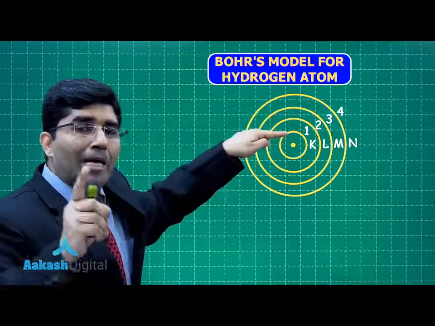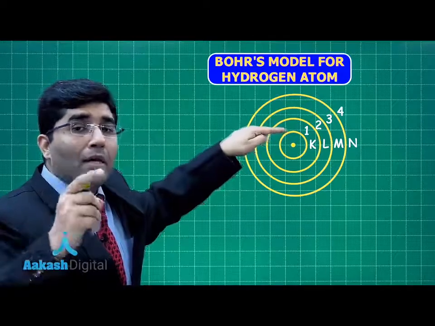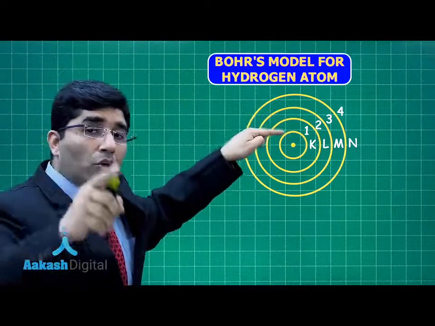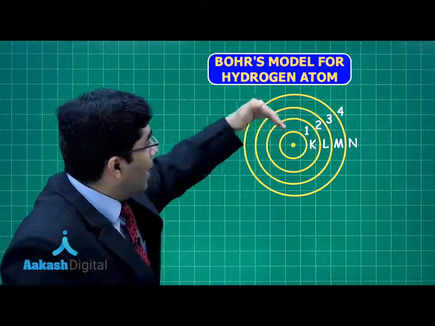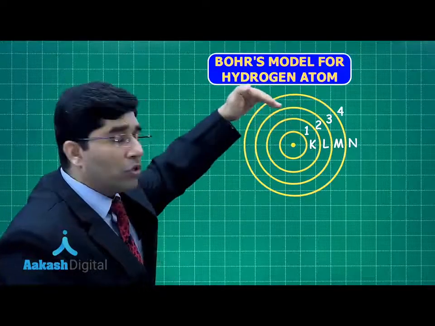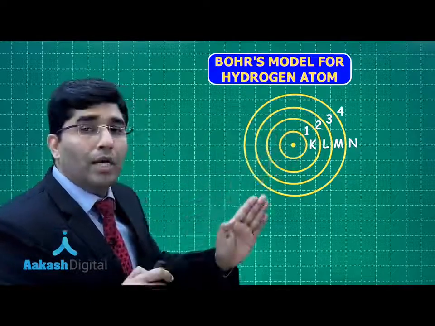Right? That's why we say energy is quantized. The energy of the electron is quantized in the first shell, second shell, third shell or fourth shell. It cannot be in between the third and fourth shell.